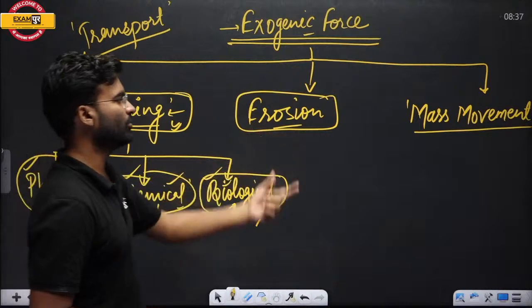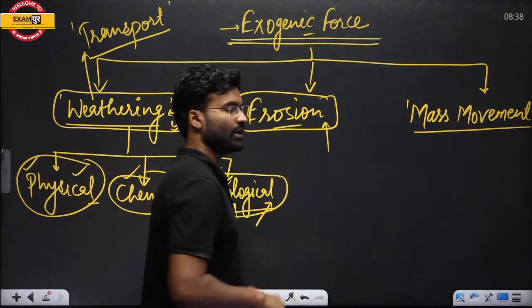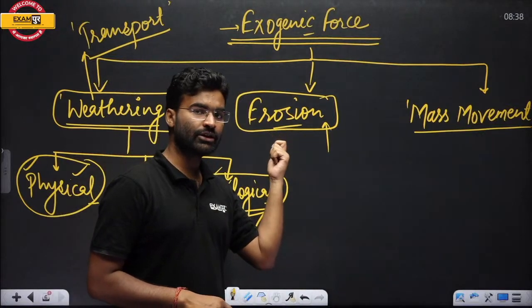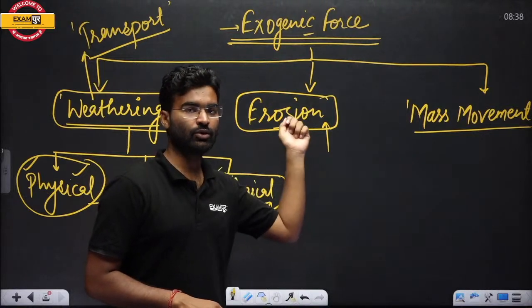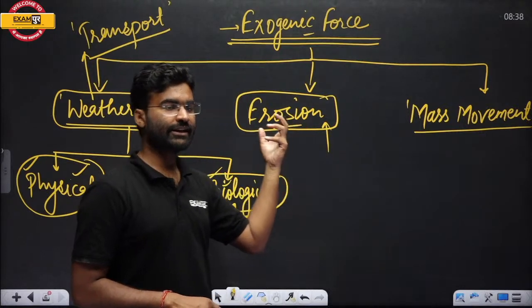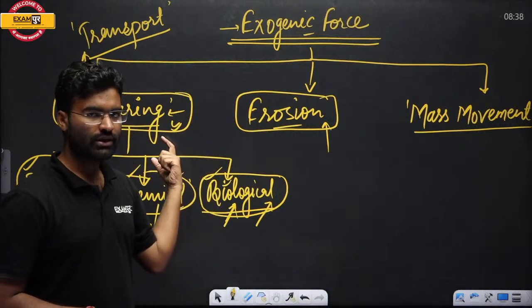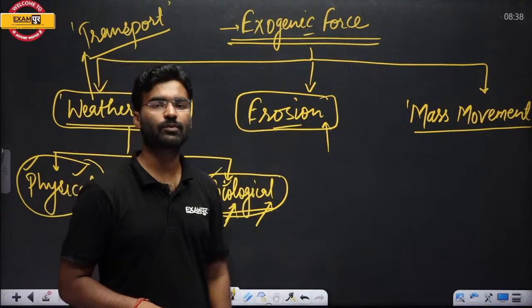But erosion is the phenomenon in which the erosion agent breaks the rock and continues to translocate that rock into another region. This locomotion creates the difference between weathering and erosion. There is no movement, no transportation in weathering, but here there is transportation.